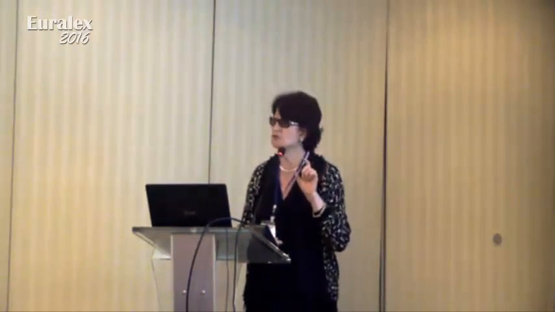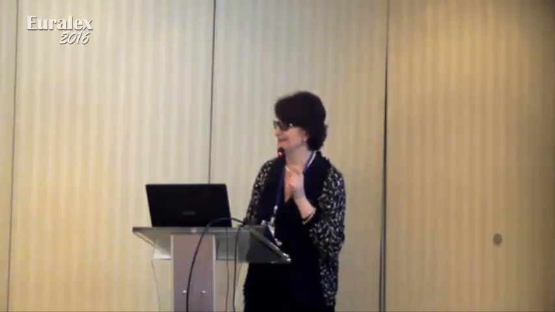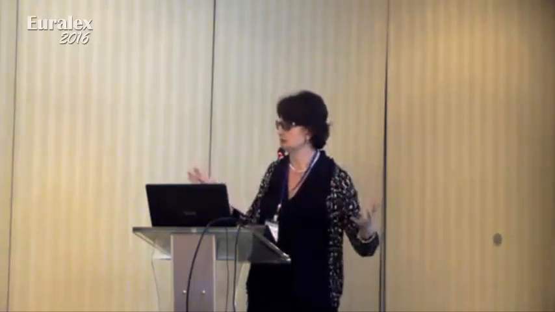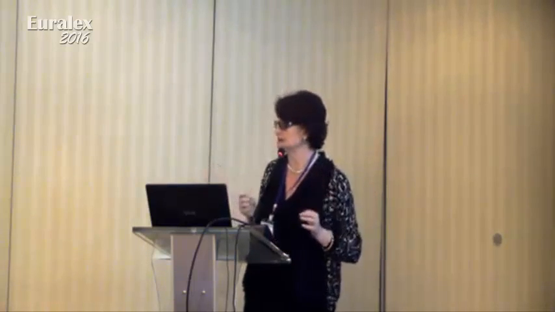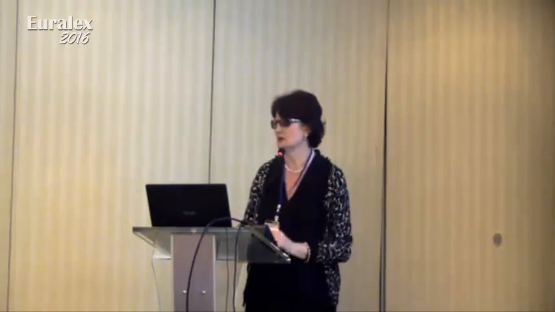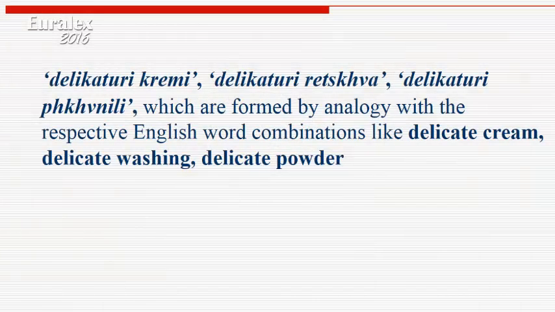I call them words with a very narrow profile, which can be used only in respect to one word, and it's not general, which can be used with different classes of nouns. For instance, for rough, Georgian has an equivalent which can be used only with cloth, or a word which can be used only with skin.